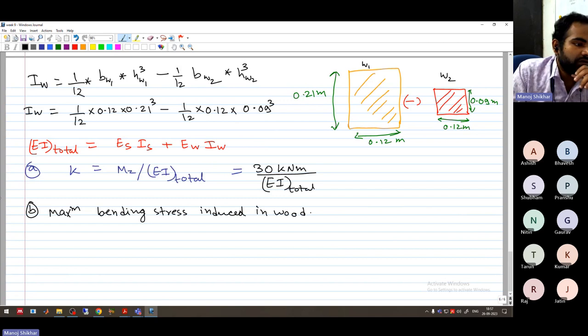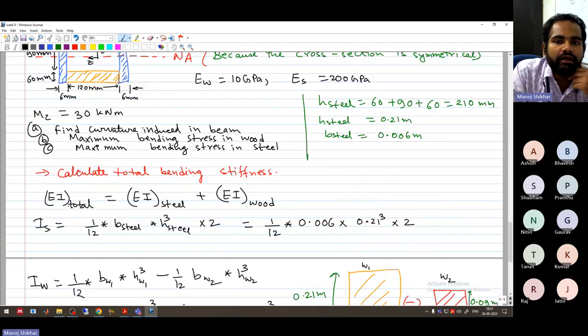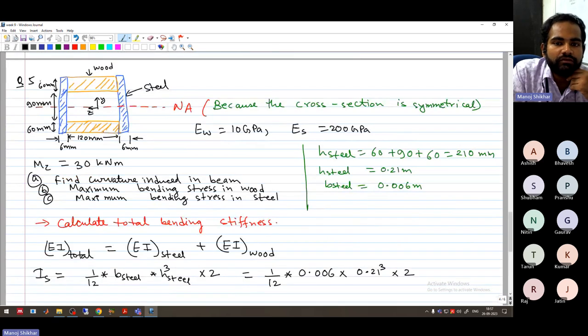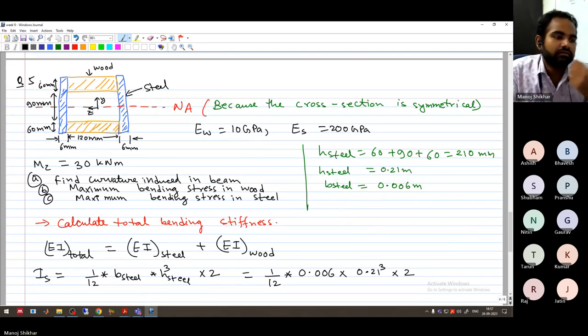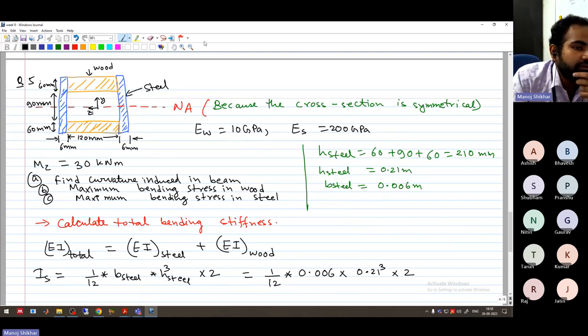For this, what you will do? We know that the maximum bending stress will be either at this point or this point. Why? Because we know that epsilon is minus y by r. So the maximum will be at the end points.